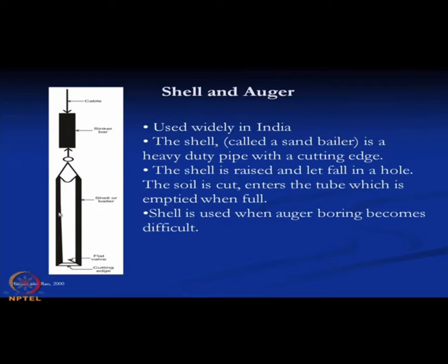When the shell is filled with soil and water, it is taken out and the soil samples are collected, and then it is put into the borehole again. The shell is used when auger boring becomes difficult. Where auger boring is difficult, this technique is used.